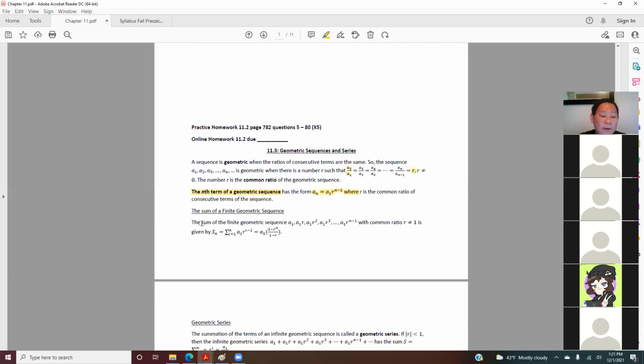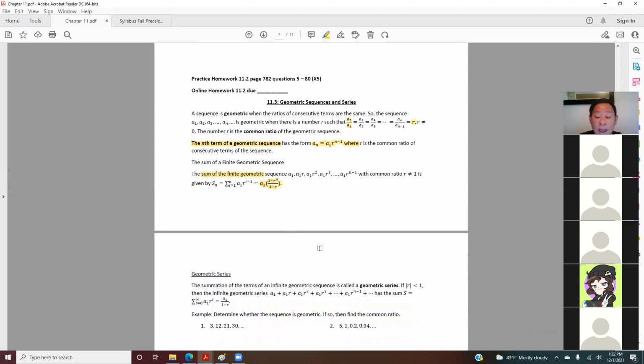In order to find the sum of the finite geometric sequence, the formula is S_n equals a_1 times (1 minus r to the n power) divided by (1 minus r). And we also have a geometric series for infinite geometric series.